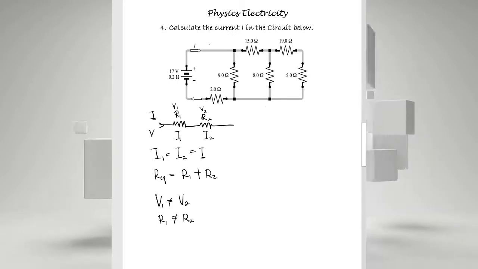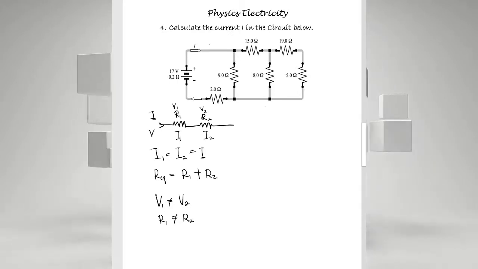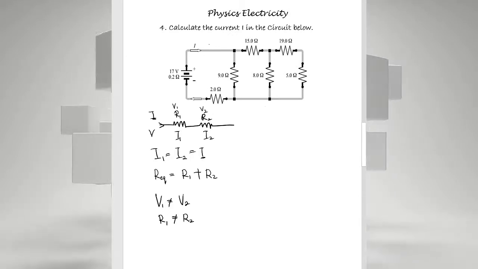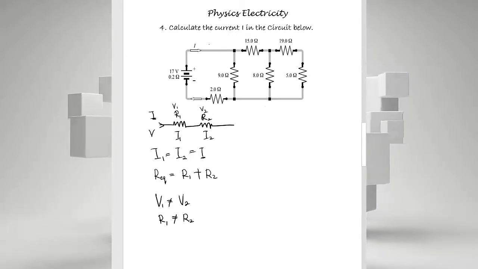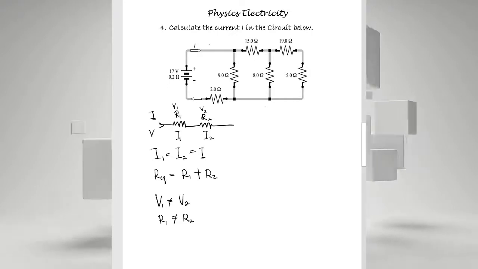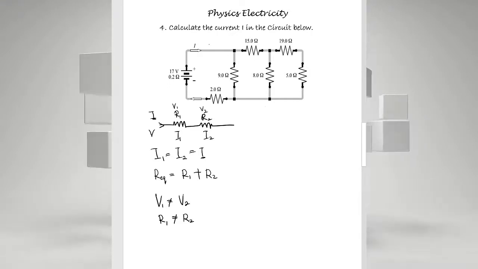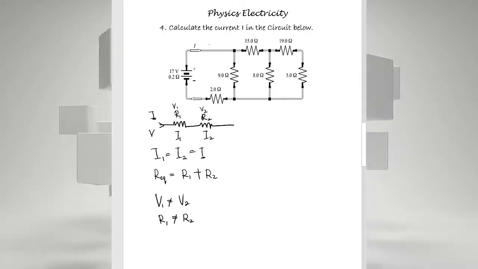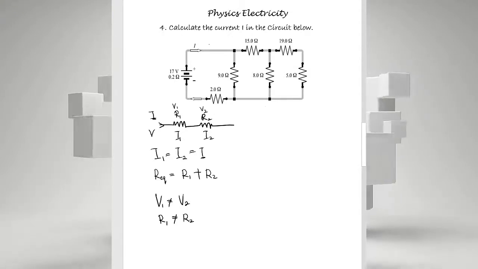That's for series connection of resistors. Let's take note of this. But if R1 is equal to R2, then V1 can be equal to V2 for series connection. Voltage is not equal, provided the resistors don't have equal resistance.